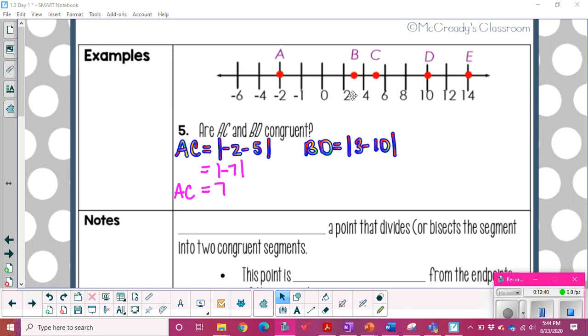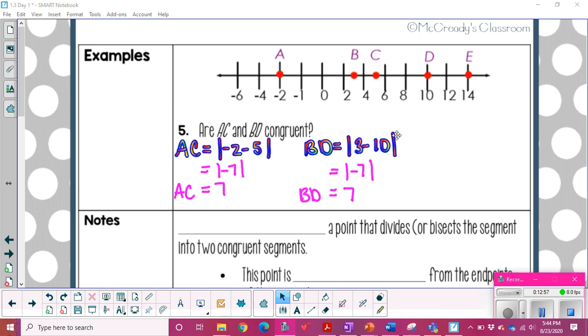Let's look at BD here. B is at 3, and D is at 10. So we have 3 minus 10, which would be -7. Again, the absolute value of -7 is 7. So BD is equal to 7.